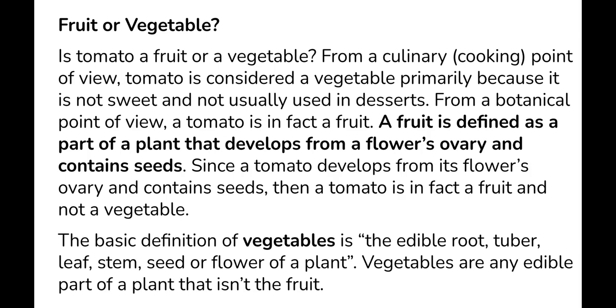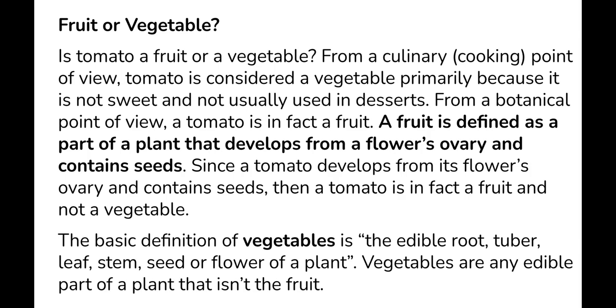The tomato develops from the ovary, and it contains seeds. So this is not a vegetable, this is a fruit. But there is confusion between sweet fruits like apples and mango, and fruits like cucumbers and tomatoes, which are not sweet.